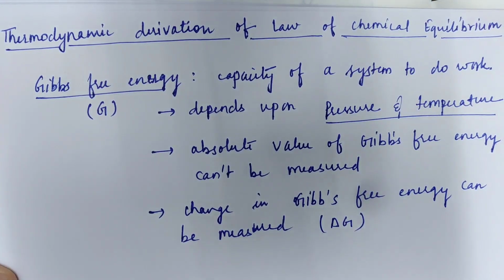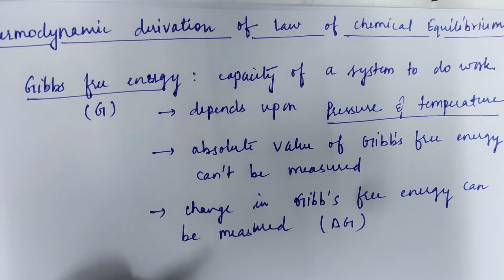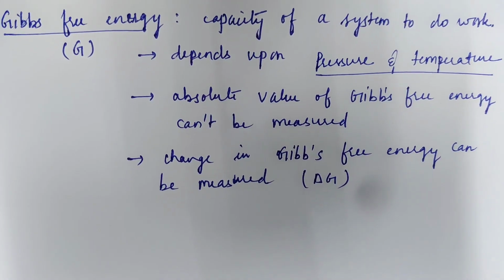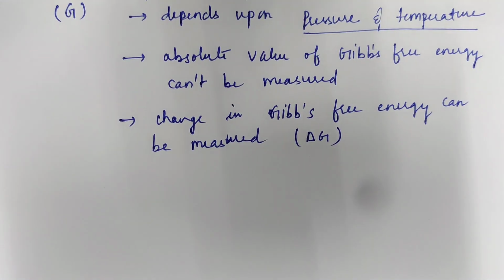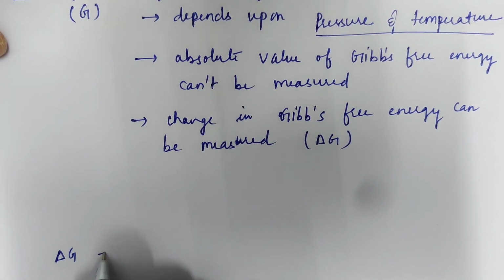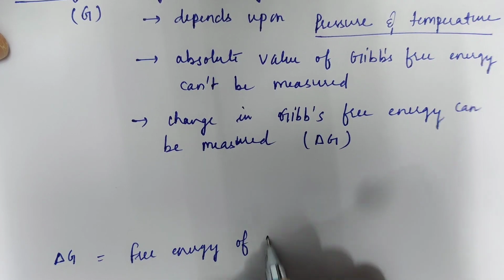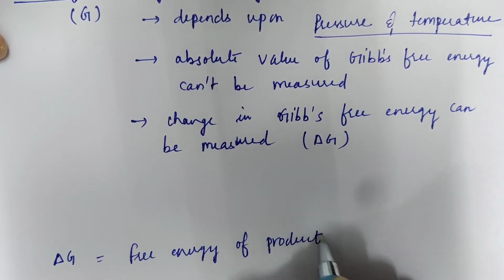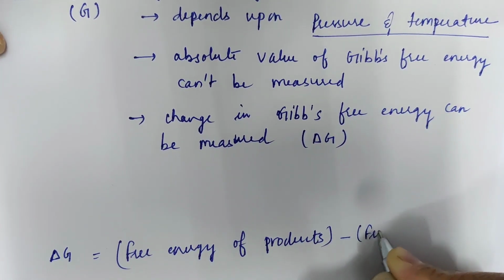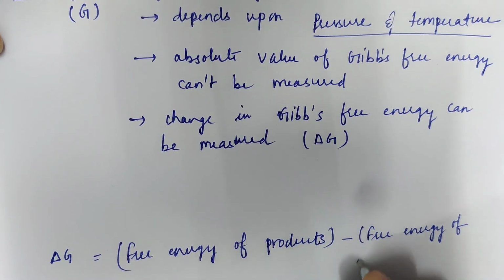Now for any chemical reaction, if you have to measure the change in Gibbs free energy, that is given by delta G is equal to free energy of product minus free energy of reactant.